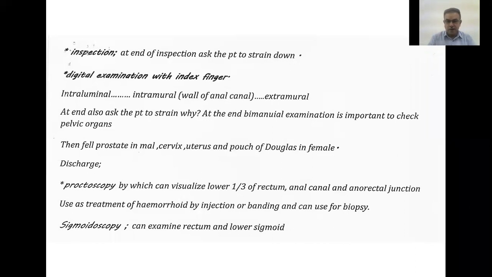At the end, manual examination is important to check the pelvic organs, especially in the female. You have to feel the prostate in the male, and the cervix, uterus, and pouch of Douglas in the female.